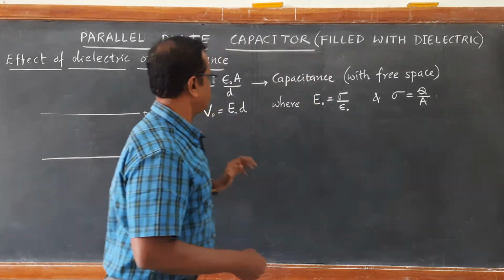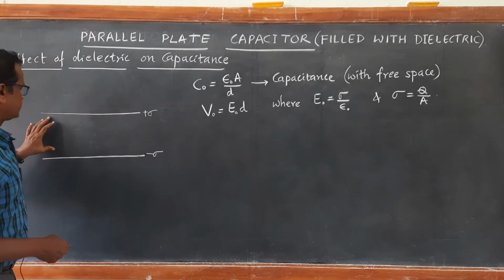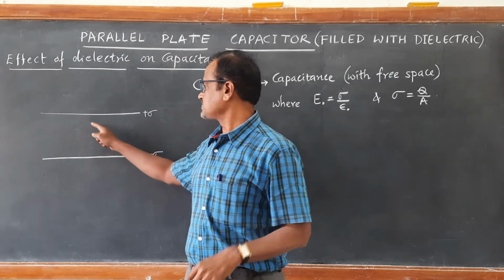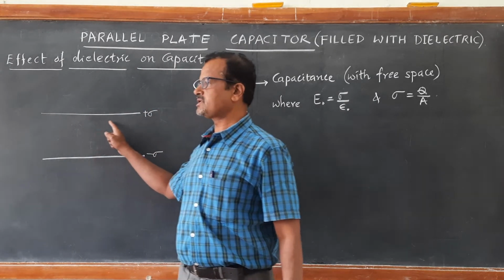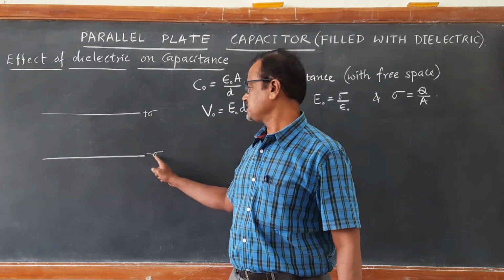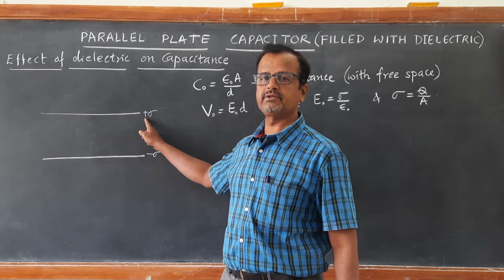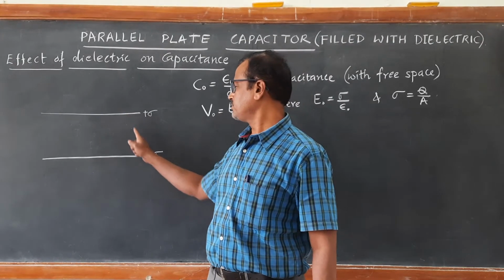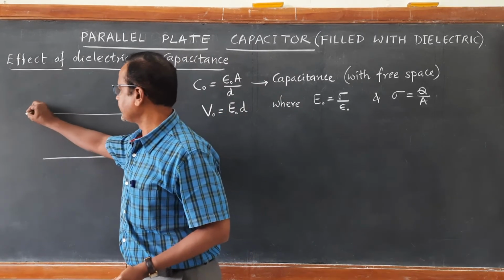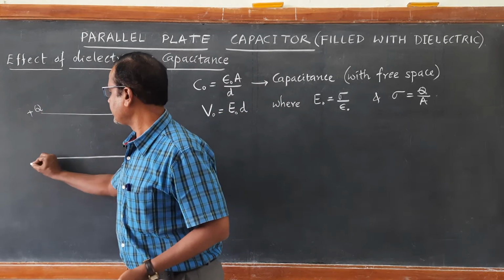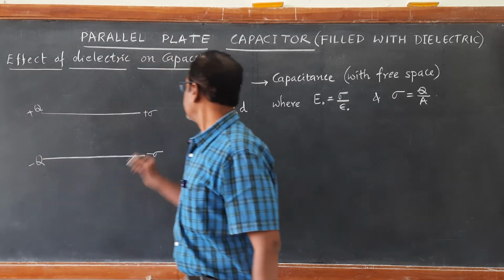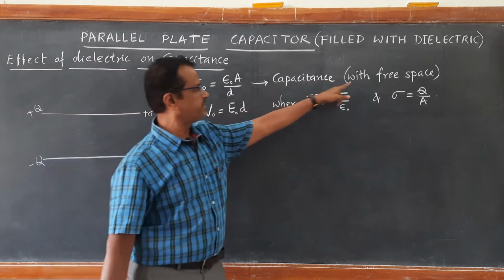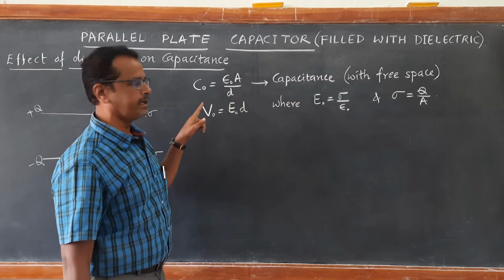In the previous session we studied the capacitance of the parallel plate capacitor with free space, charged with plus sigma and minus sigma, positive charge density on the upper plate and negative charge density on the lower plate, say plus Q and minus Q. We calculated the capacitance with free space as epsilon A upon d.